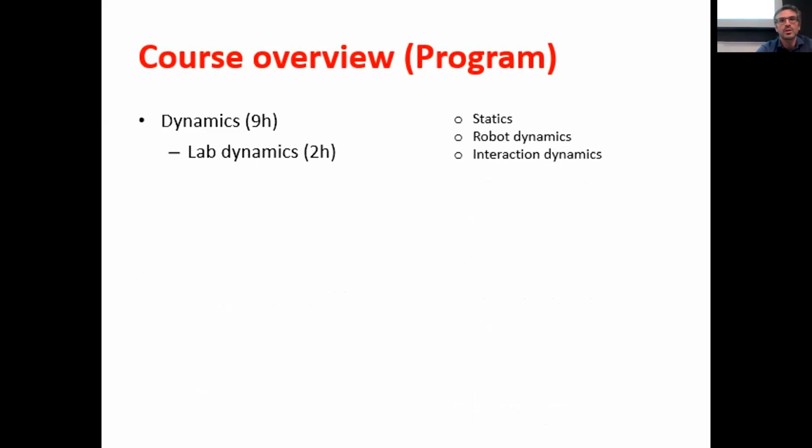Dynamics, I will first talk about statics. So whenever there is no motion, the relationship between forces, for example, at the joints and at the end effector when there is no motion. And then I will move on to introduce the dynamics and how to compute the dynamic model of the robot.